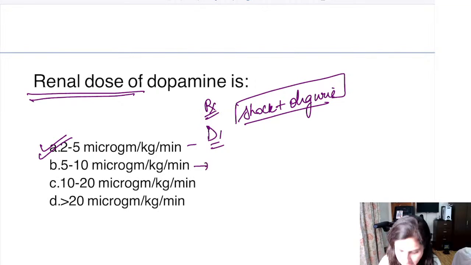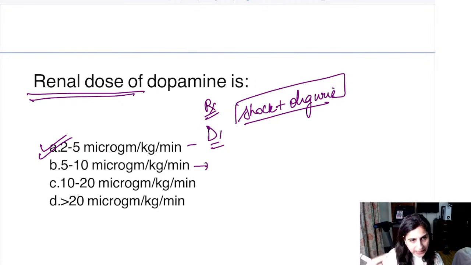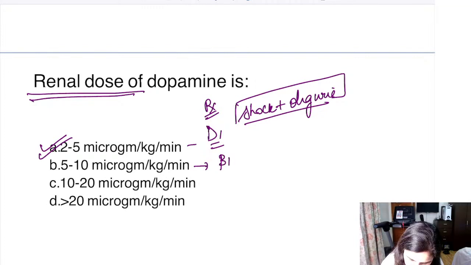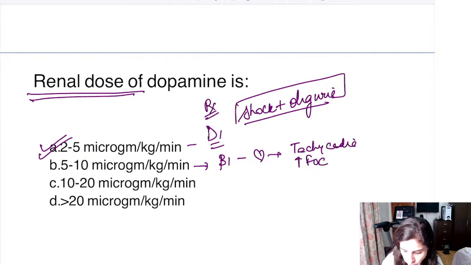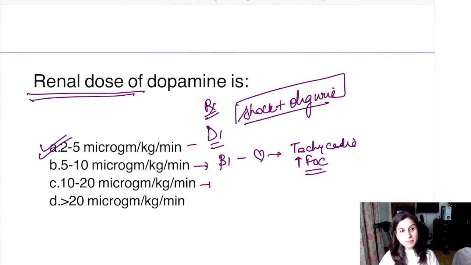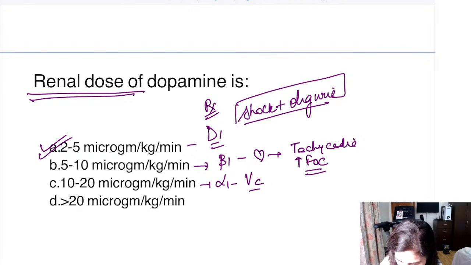Then you slightly increase the dose, 5 to 10. Then it acts on the beta 1 receptors in the heart, and that leads to tachycardia or increase in the heart rate, increase in the force of contractions, right? And this can be helpful in patients of congestive heart failure. Then if you go above this dose, 10 to 20, it will act on the alpha 1 receptors leading to vasoconstriction, and then it can increase the blood pressure.